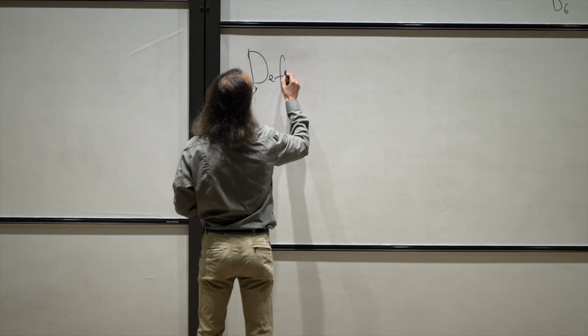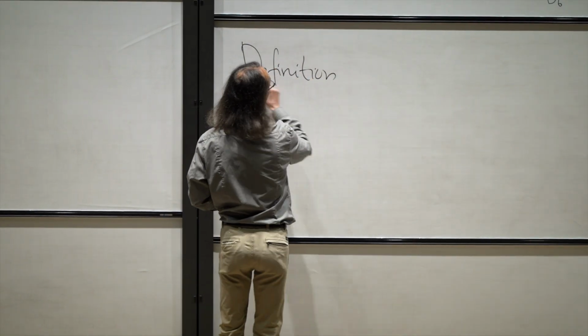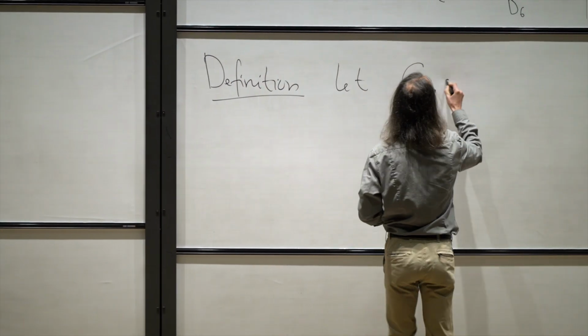So, definition. Let G and H be two groups.